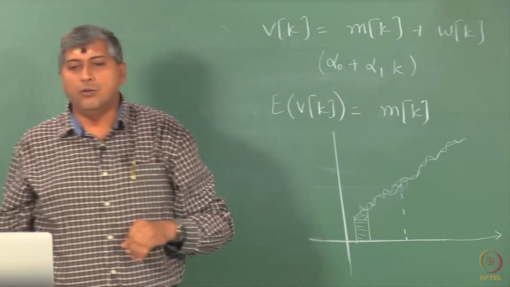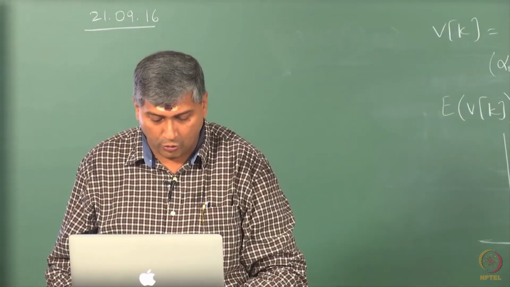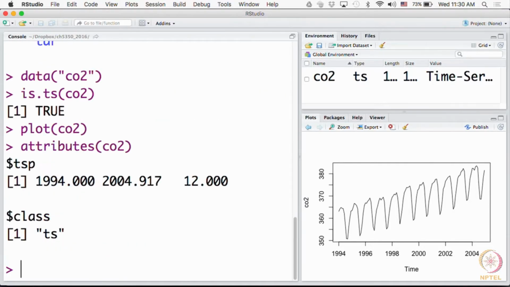Okay. Now, that can take some time. First of all, it may be good to know when this was recorded. So, it was recorded in this period, as you can see, and it is monthly CO2 data. How do I know that? Well, I can ask for the structure.